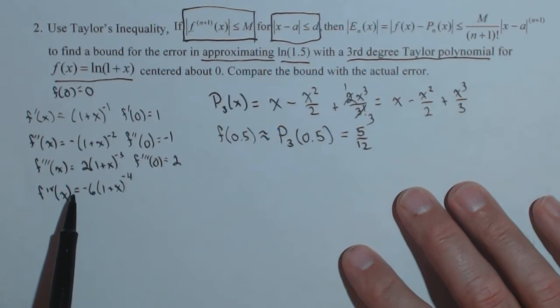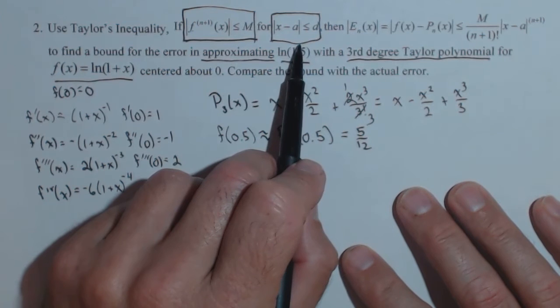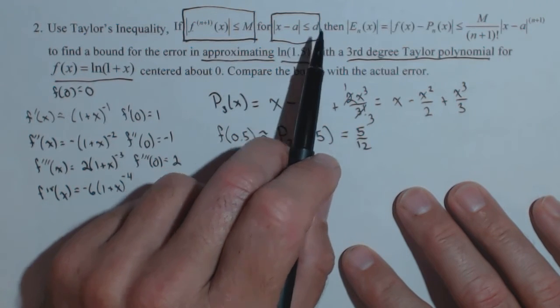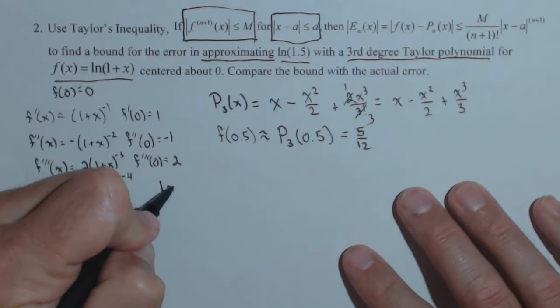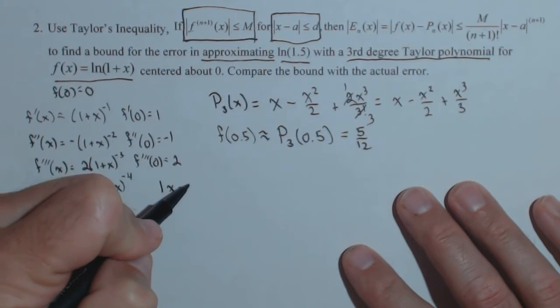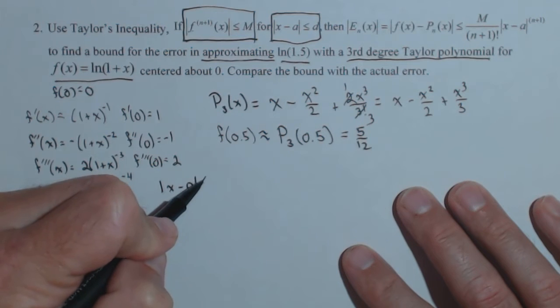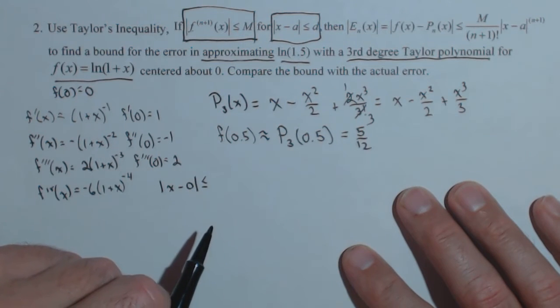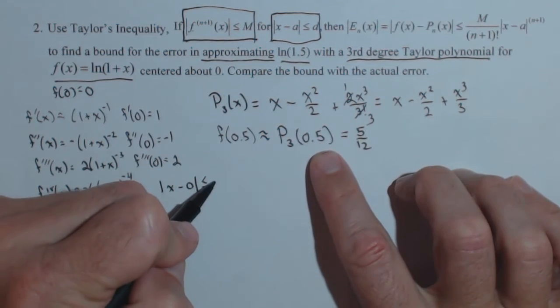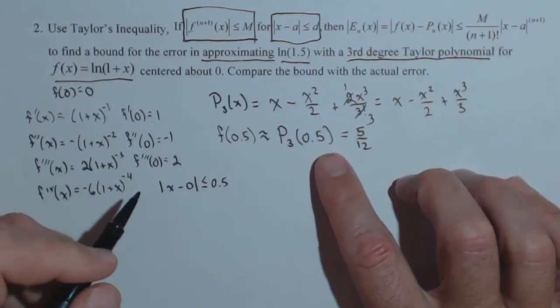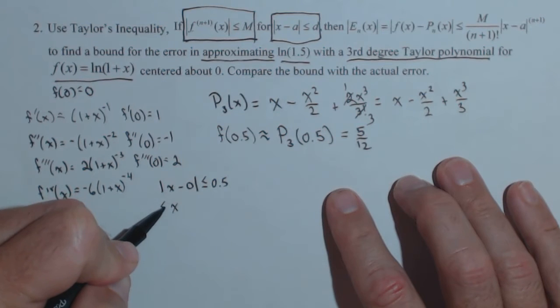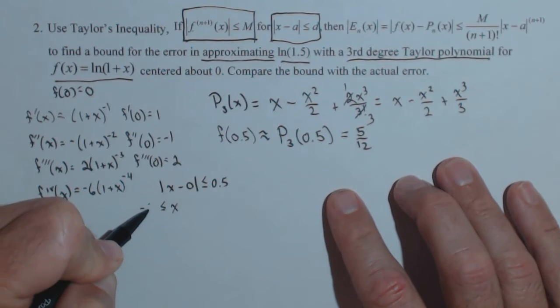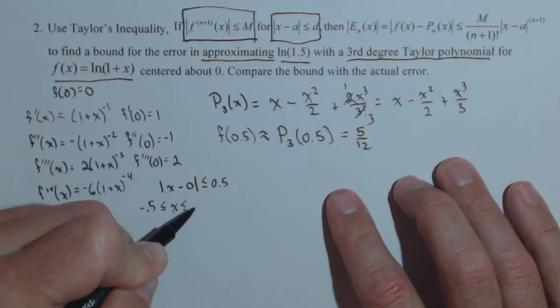Now what we need to do is optimize this on this interval. That's going to be the absolute value of x minus 0, since we're centered at 0, has to be less than or equal to d. Well, we're going out to 0.5. So that means we're optimizing this thing in between negative 0.5 and 0.5.